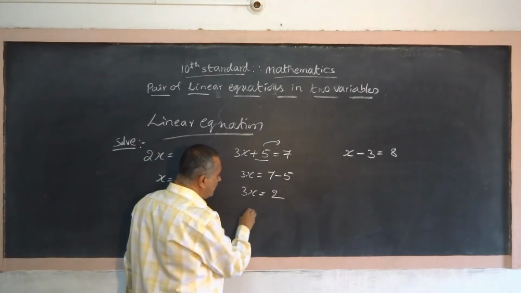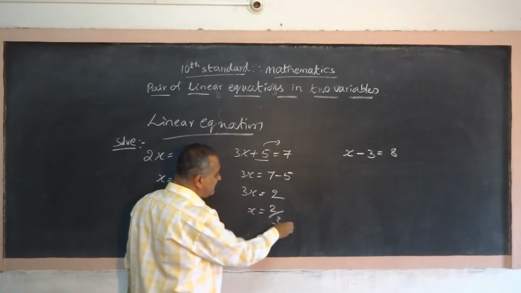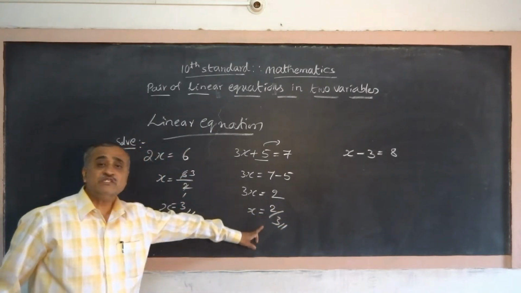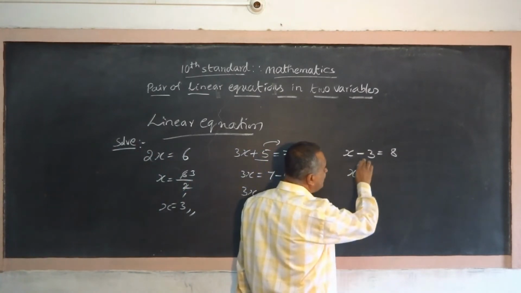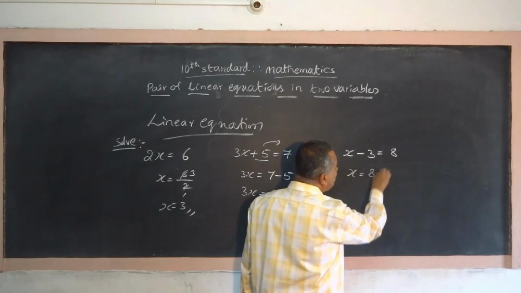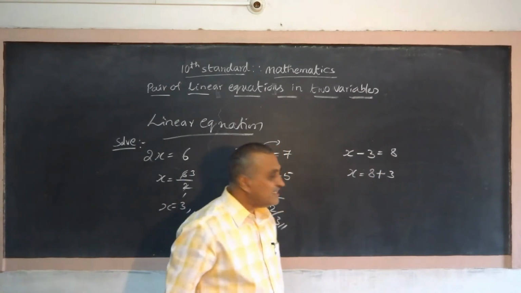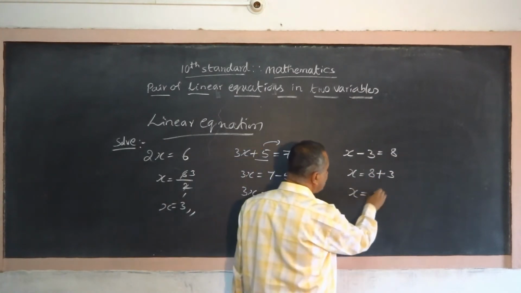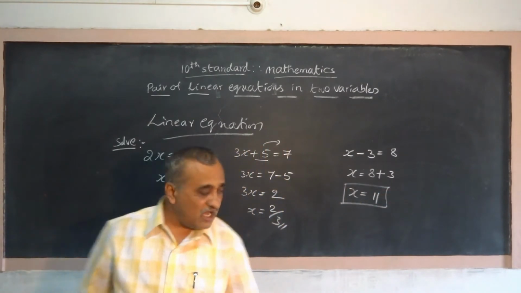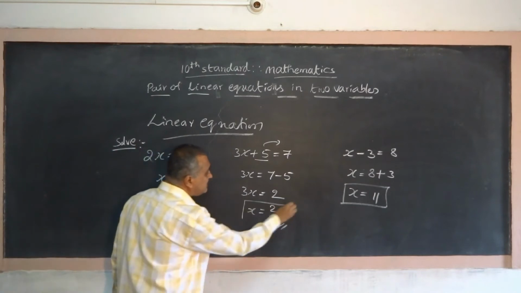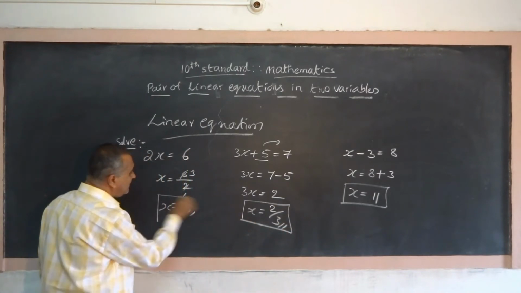It is 2. x equals 2 by 3. The x value is 2 by 3. Now here, very simple, x equals 8, transfer, it will become plus, 8 plus 3, 11. x equals 11. This is the way we solve a linear equation in one variable.